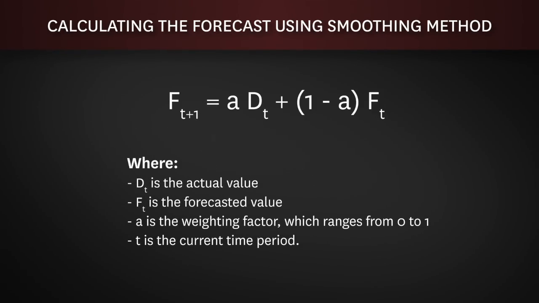The formula for calculating the forecast using the smoothing method is given by the equation F(t+1) = alpha times D(t) + (1 - alpha) times F(t), where D(t) is the actual value of the demand at time t, F(t) is the forecasted value, alpha is the weighting factor which ranges from 0 to 1, and t is the current time period.